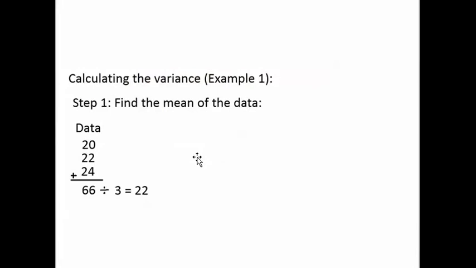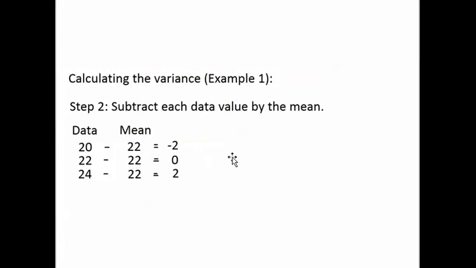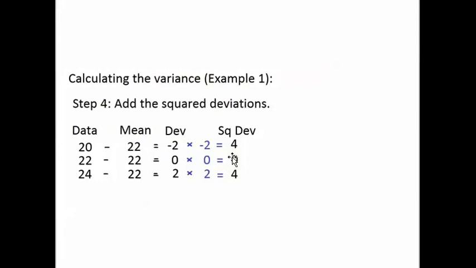The mean comes out to 22. Step 2, subtract each data value by the mean to get our deviations. We're subtracting each value by our mean of 22, which we found in step 1. Step 3, we square each deviation by multiplying each deviation by itself. -2 times -2 is 4 because the negatives cancel out. 0 times 0 is always 0, and 2 times 2 is 4. These are our squared deviations in this column. Step 4, we add the squared deviations.